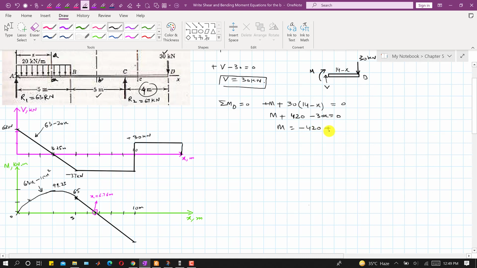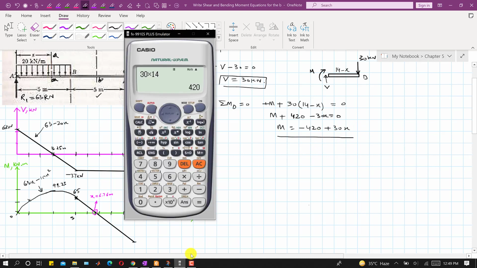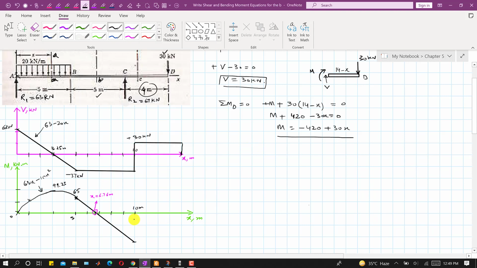Or we can say that this is minus 420 plus 30x. So again this is a straight line equation, right, and if we put x equals to 10 in this equation, this is minus 420 plus 30 into 10, so this will give us minus 120. So again at x equal to 10 meters we have that minus 120 kilonewton meter value.